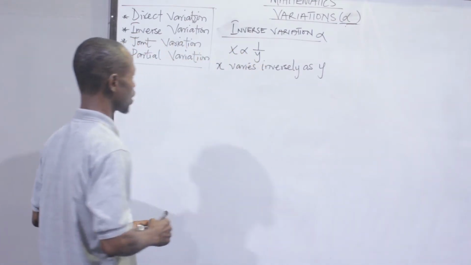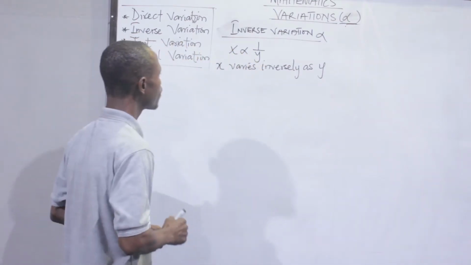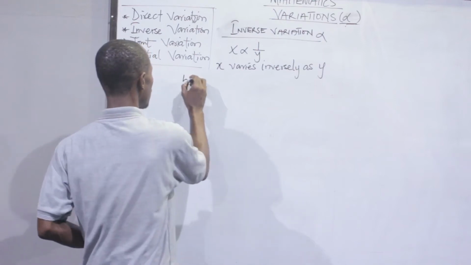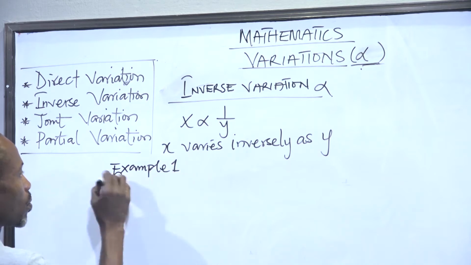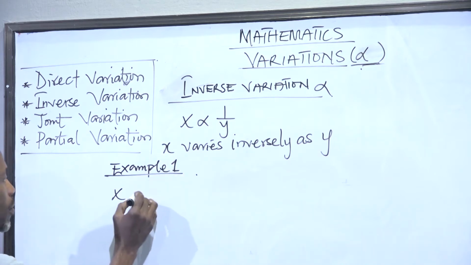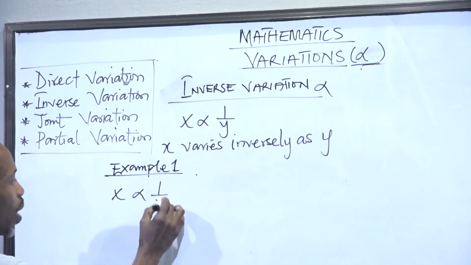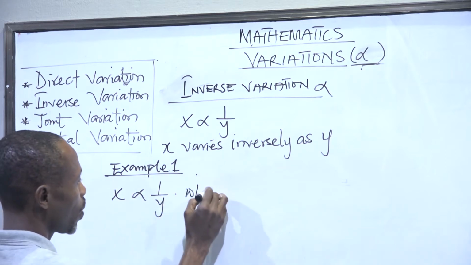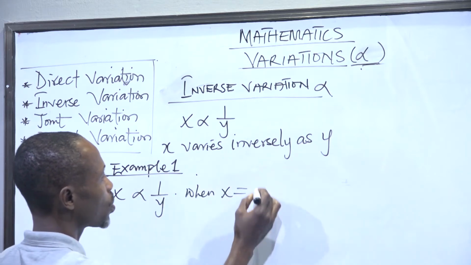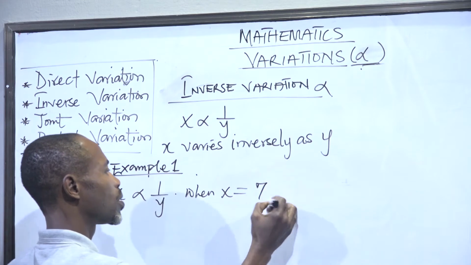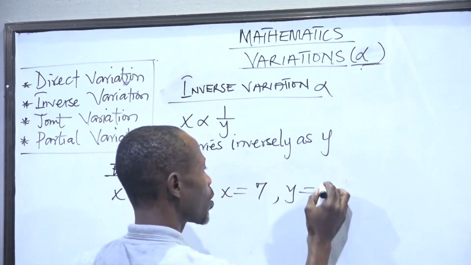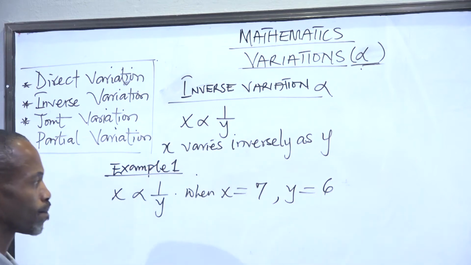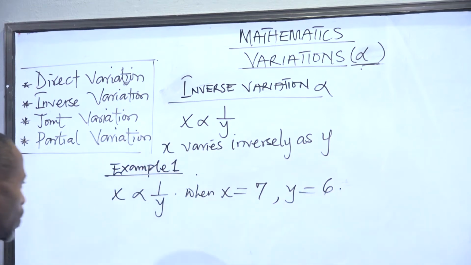Now, come and see the kind of question they will give to you here. Example. X varies inversely as Y. When X equals 7, Y equals 6. Stop.